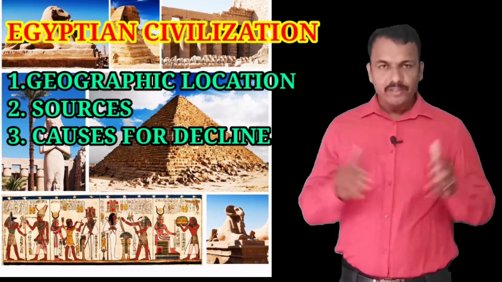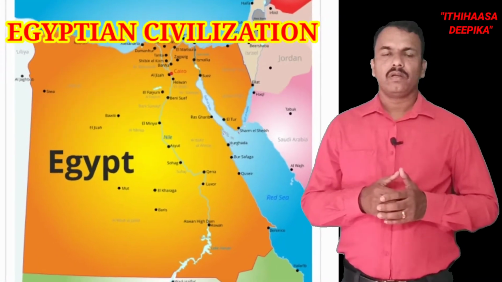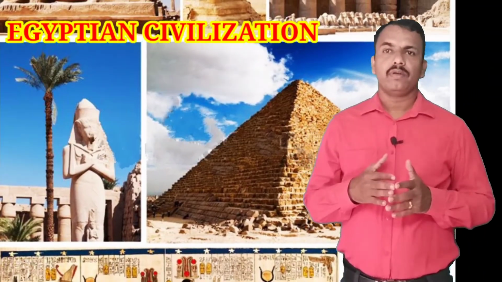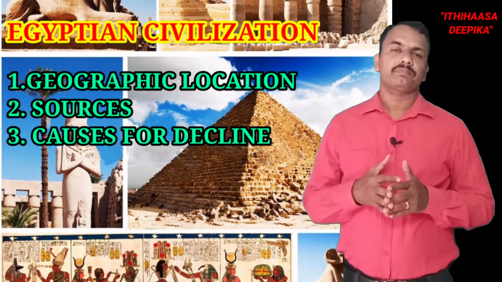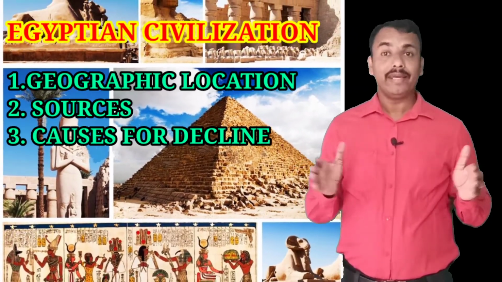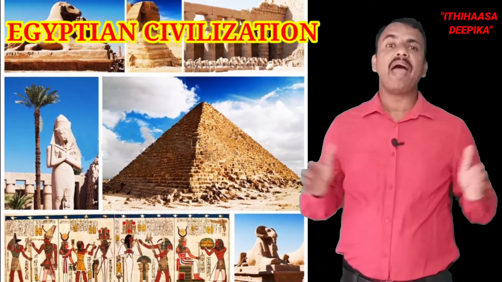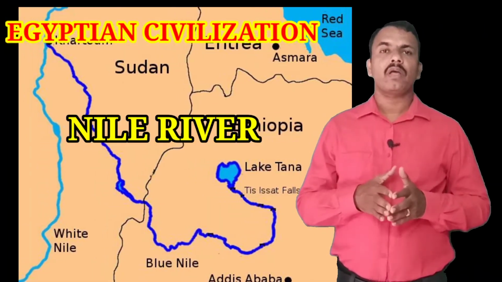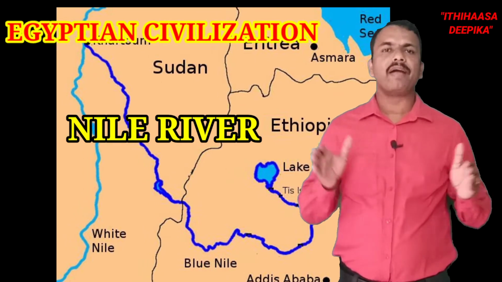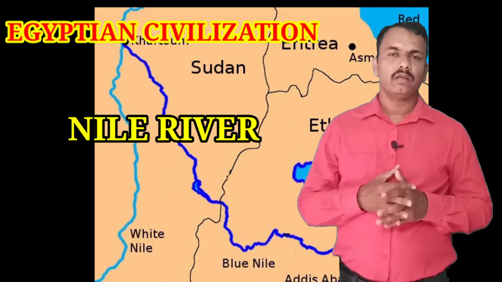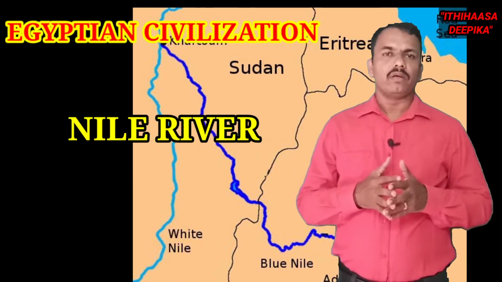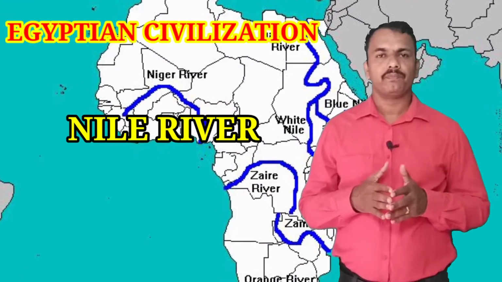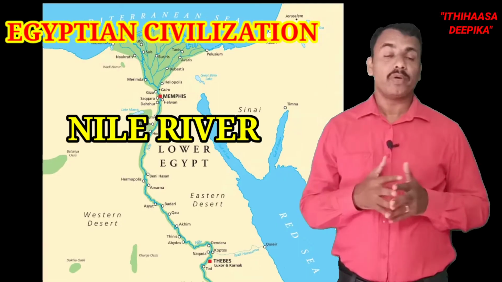The Egyptian civilization is probably the first civilization, and it developed on the river bank of the Nile. The river Nile is the longest river in the world.